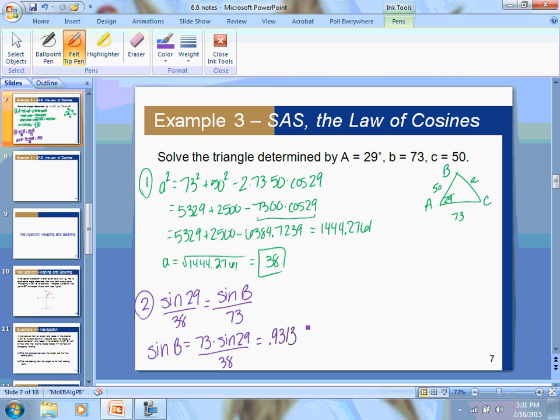So that means that I have 2 possibilities here. So if I do the inverse sine of that number in the calculator, I'm going to get B is 69 degrees. And then I also have to do 180 minus 69.